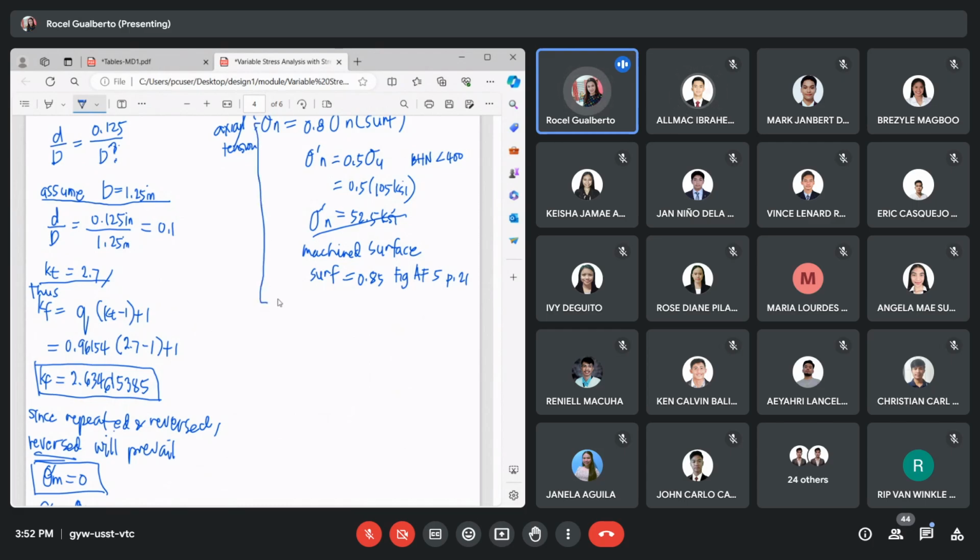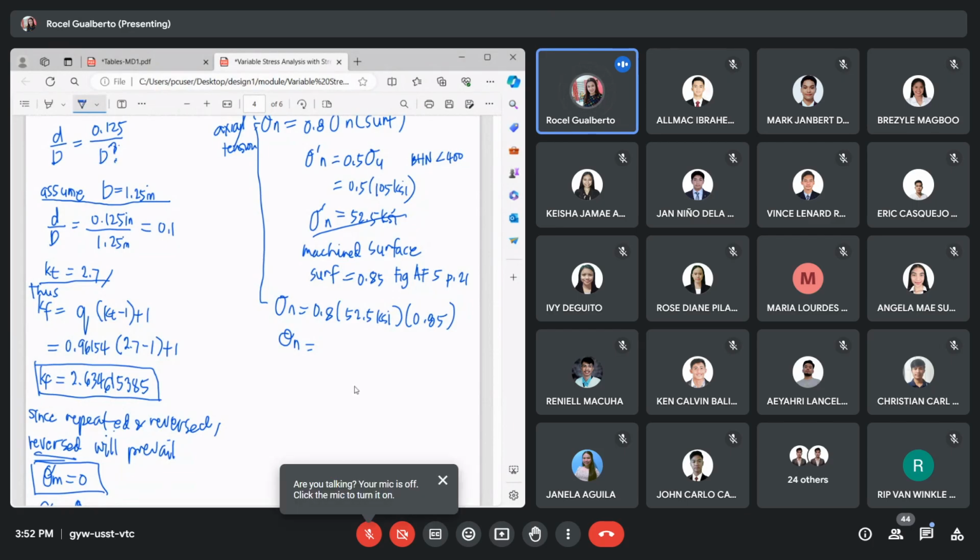And then you substitute them all to sigma n. Sigma prime n is 52.5 KSI. And then the surface factor 0.85. Okay? What is now the value? 35.7 KSI for your sigma n.